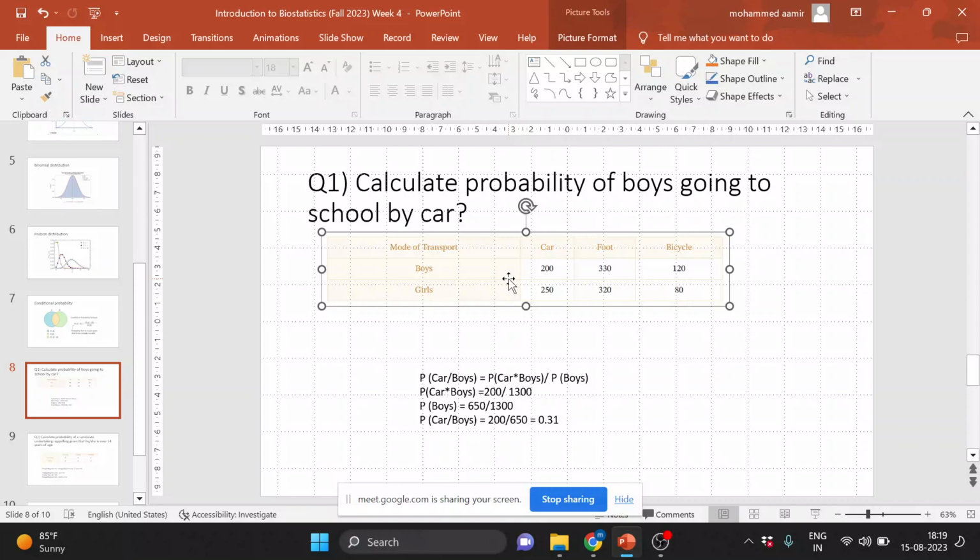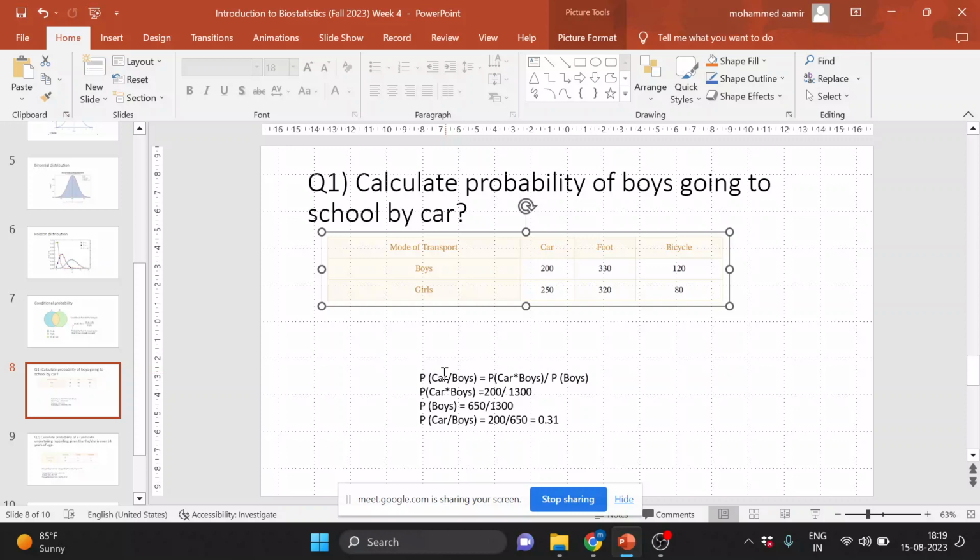You need to calculate the probability that, given that you have boys only, they go by car. So you have to calculate the probability of car given boys. It's nothing but the probability of the intersection of car and boys, divided by the probability of your students only being boys.